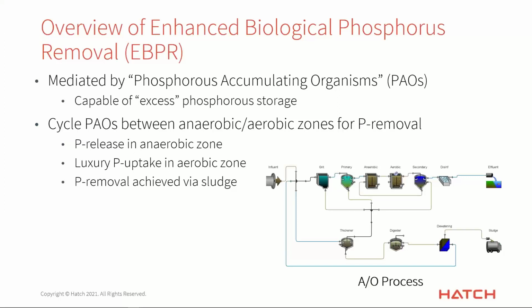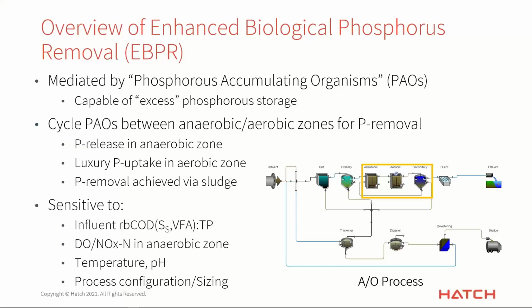So in that anaerobic zone, you will see a release of phosphorus, a higher soluble ortho-P concentration. And then it's going to move on to an aerobic zone. In the aerobic zone, it will take up the phosphorus while it is growing on the COD that it previously had stored. So basically what you're trying to do is, just like in this example right here, in this little AO system, anaerobic and oxic, an aerobic zone allows us to grow them and to have a net removal of phosphorus.